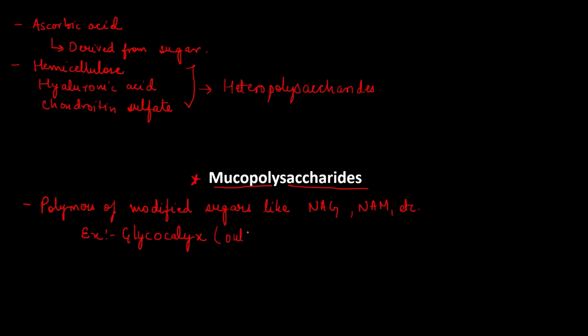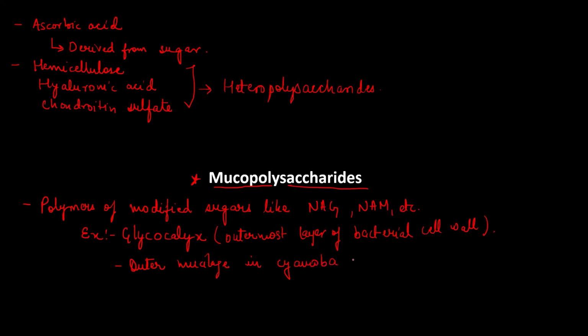Then apart from glycocalyx, we also have mucilage that is present on the surface of cyanobacteria. So the outer mucilage in cyanobacteria. These are the examples of mucopolysaccharides.